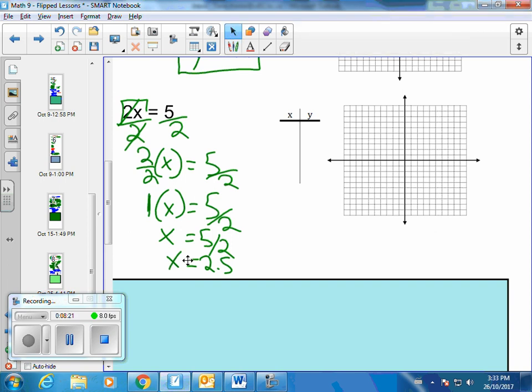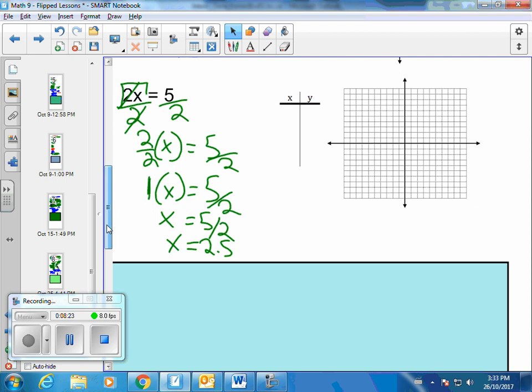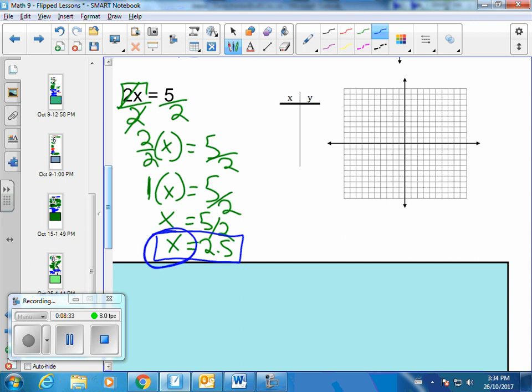I also know from my previous questions that whenever I have an equation with only one variable equaling a distinct number, I'm going to have a nice straight easy line to work with. My line is going to intercept the x-axis at 2.5. So I count here, I go 1, 2, and 0.5.